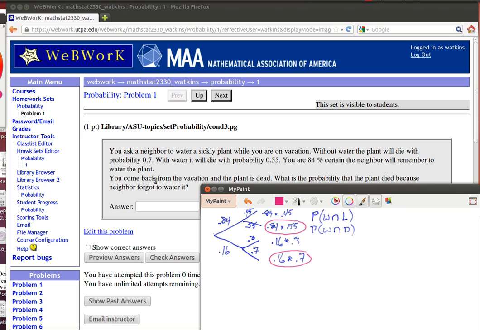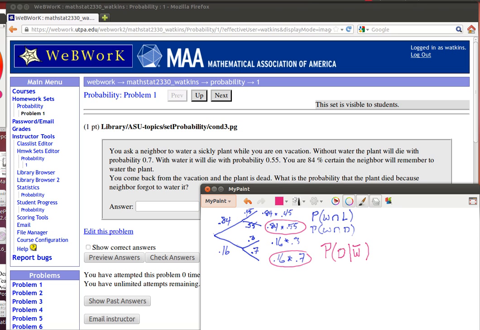Now, what we're asked to find here is what is the probability that the plant died because the neighbor forgot to water it. So here's what we're looking for. We're looking for the probability that the plant died, and here's the notation that's used, given that it was not watered. Okay, I'll write not watered like this, watered with the bar on top, meaning that it was not watered.